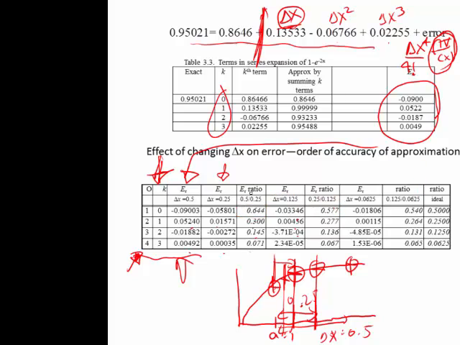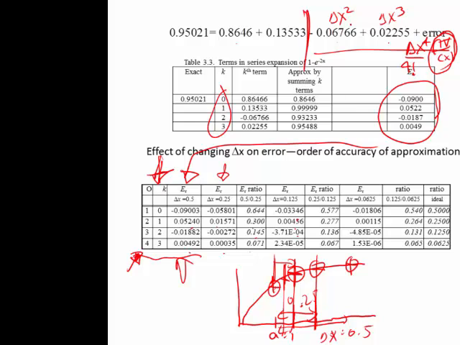And then we take the next step and say, okay, I'm going to use these first two terms and truncate all of this stuff. And if that's the case, then I can say that the error is proportional to delta x squared. I can't say what the error actually is, but I can say that the error is proportional to delta x squared.